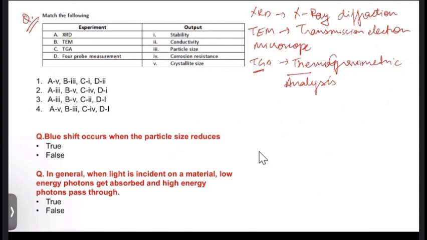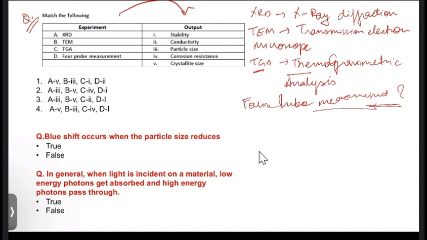Four-probe measurement. What is it for? You will get this answer from your output.